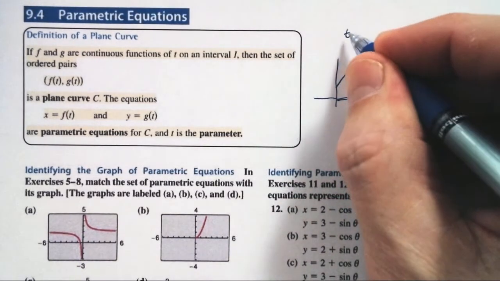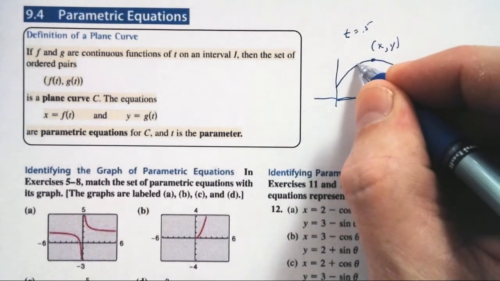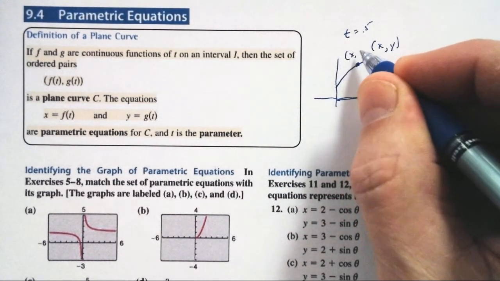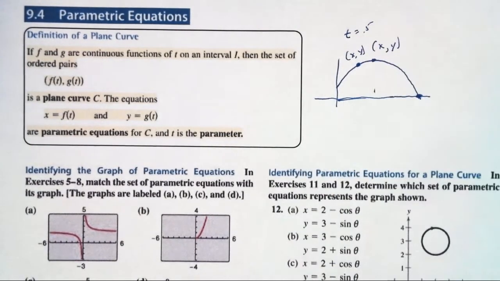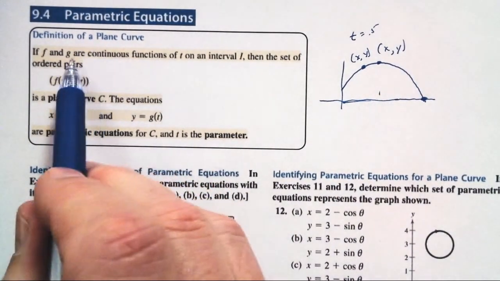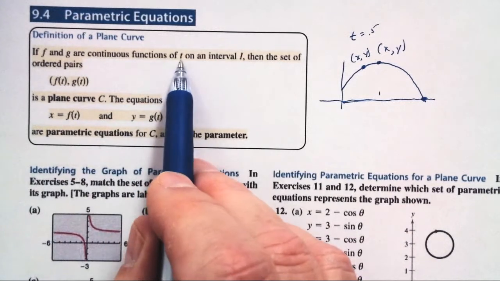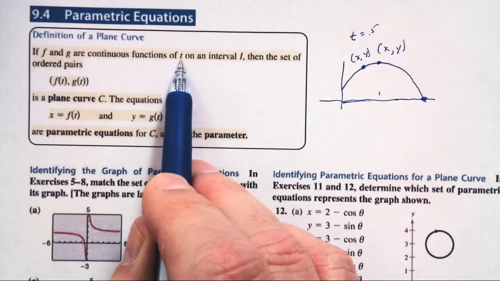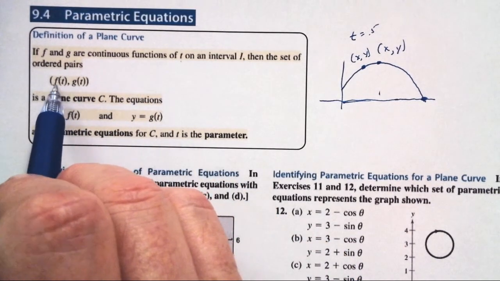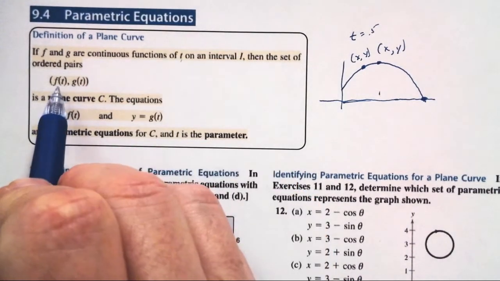But what if I wanted to know how high the ball was after half a second? I'd have to introduce a time element. Let's say the ball's here, and I'd have to figure out what x and y are based on that time element. So for parametric equations, t is a parameter, time is a parameter, and f of t, a function of t, gives us an x value.